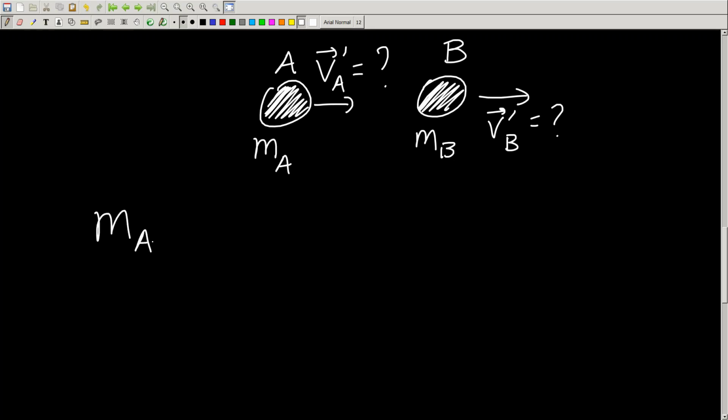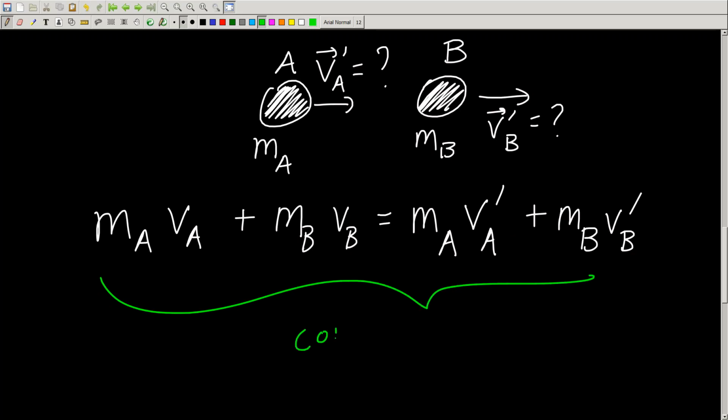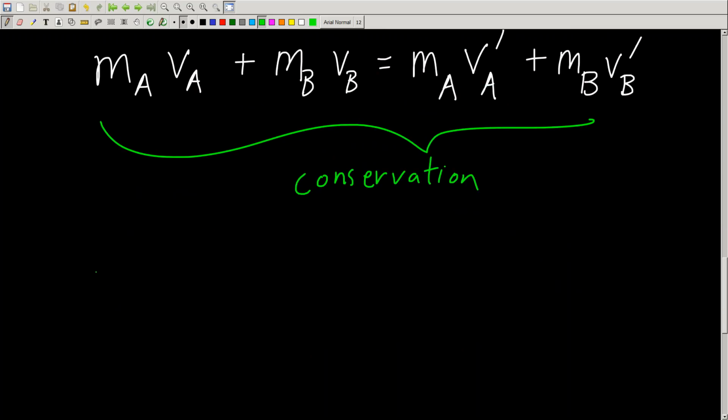So MA times VA plus MB times VB equals MA VA prime plus MB VB prime. This, folks, is the conservation of momentum, because momentum before a collision equals momentum after.